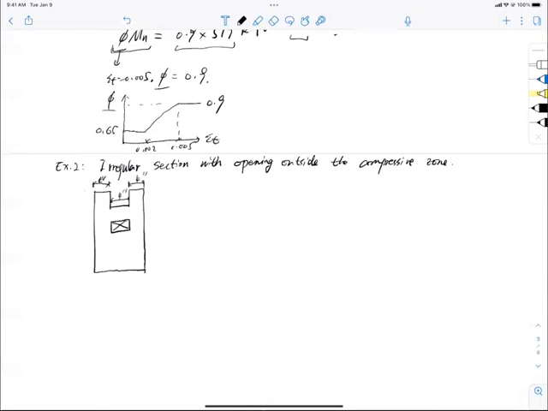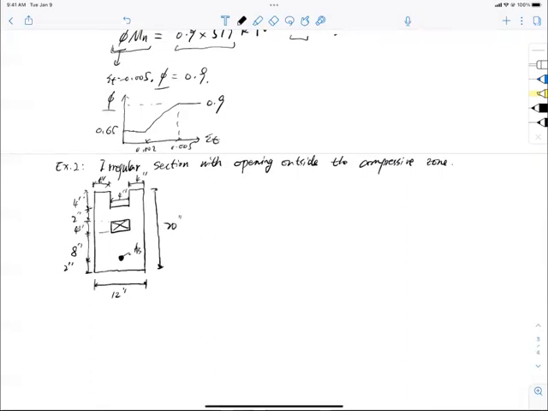The protrusion is 4 inches, and the opening is 2 inches spaced away from the top edge and another 4 inches in width. The rest is 8 inches. I put a bar right here, that is my AS, with a 2-inch concrete cover on the lean side. The width is 1 foot, and the total height is 20 inches.